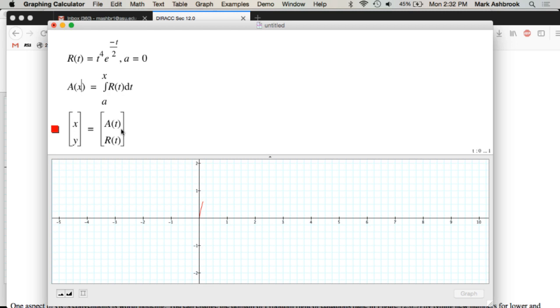Whenever you do Control 2 and use these stacked column vectors, you have to use t to get a parametric function. That's what it knows. But if you notice over here, what popped up? It's showing t from 0 to 1. That's just showing the first minute, and that's what we're getting. We're getting the first minute of this graph.